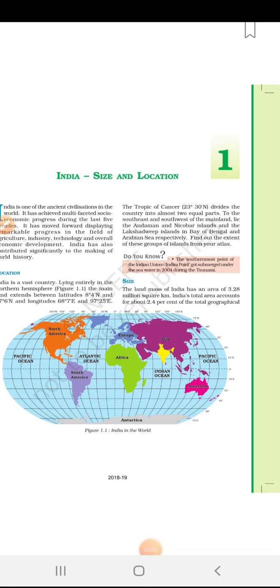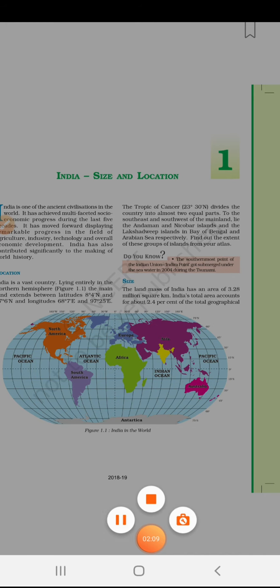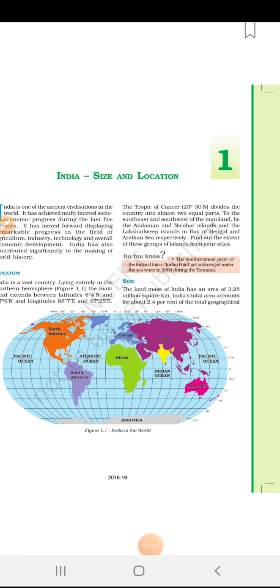Actually, the earth is so big that it is difficult to tell the exact location of a place. So, a Greek philosopher and mathematician, Eratosthenes, came up with latitudes and longitudes. Now, the spinning of the earth on its axis provides two naturally fixed points, and that is the North Pole and South Pole.